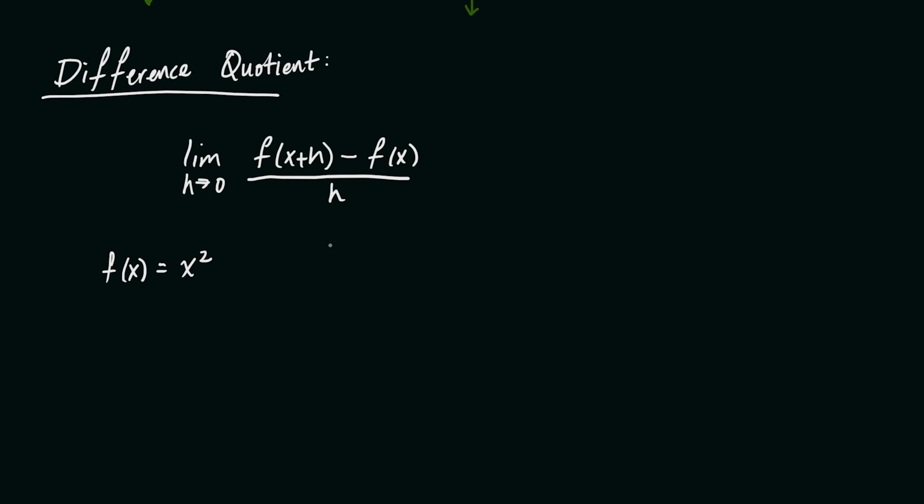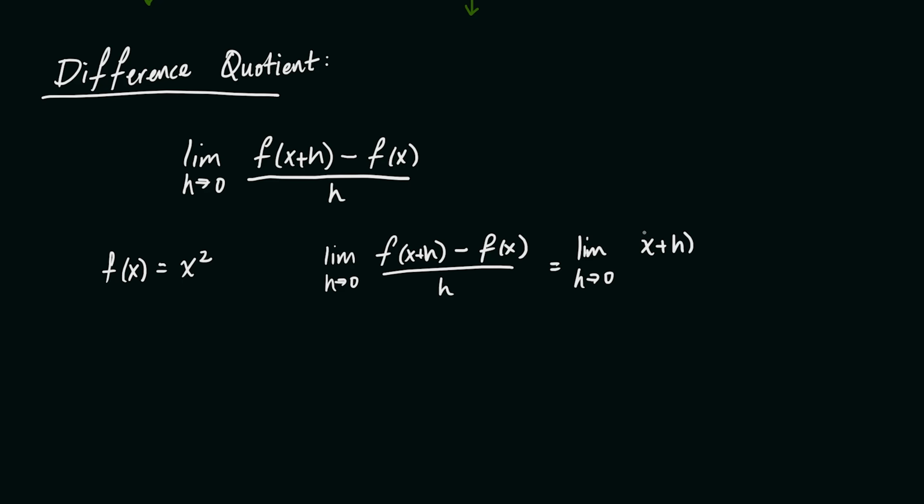We have the limit as h approaching 0 of f of x plus h minus f of x over h. That's equal to the limit as h approaching 0 of x plus h, and then put that all in parentheses squared, minus x squared over h. Okay, now it doesn't look too bad.